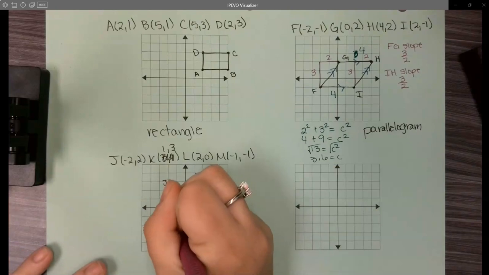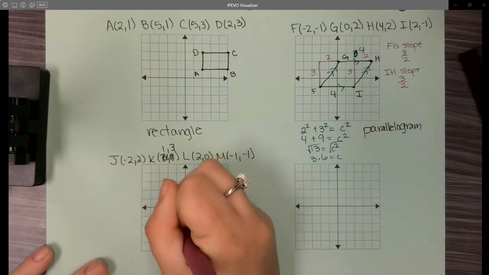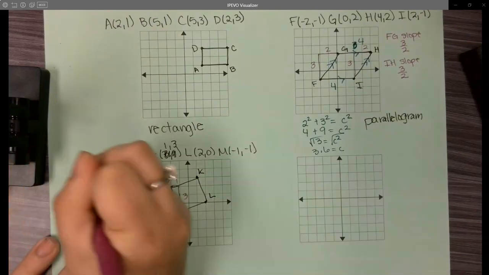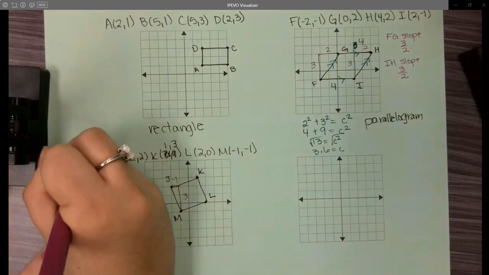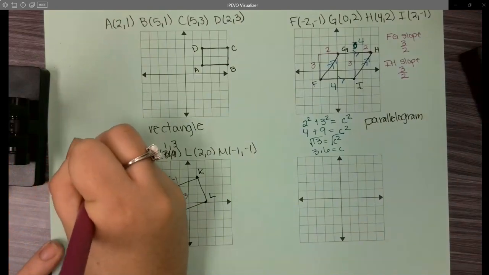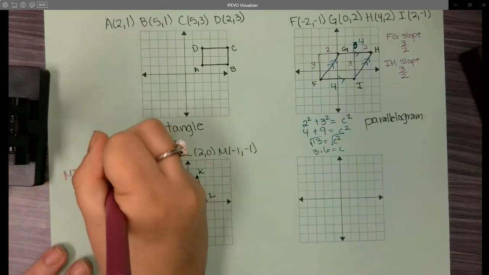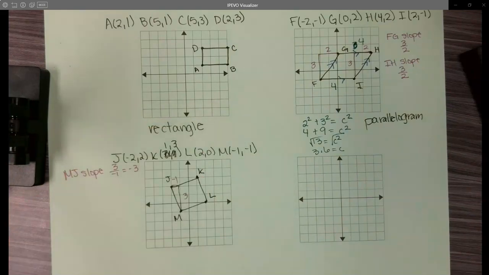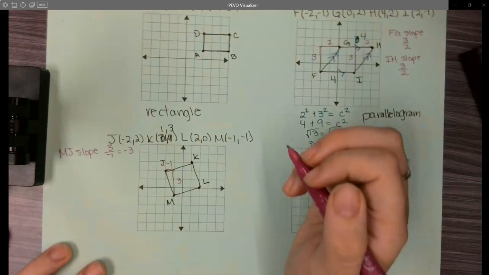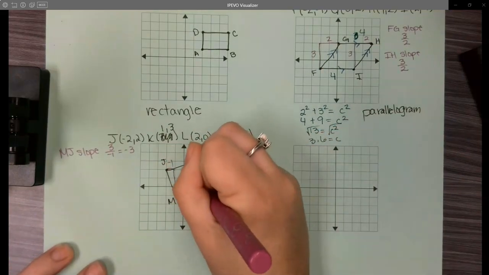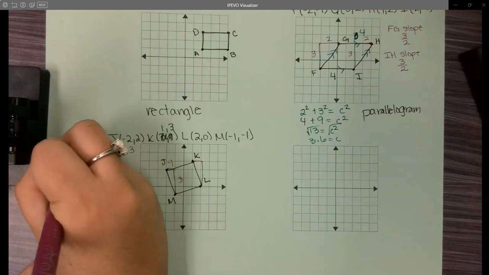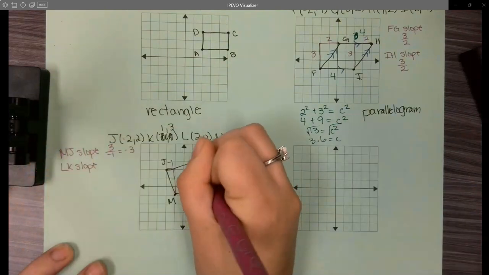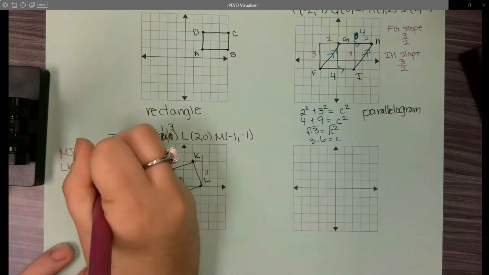So if I'm going from M to J, I'm going up 3, left 1. Which is the same thing as negative 3. I want to check with the side across from it, which is the LK. So this one is also going up 3, left 1.